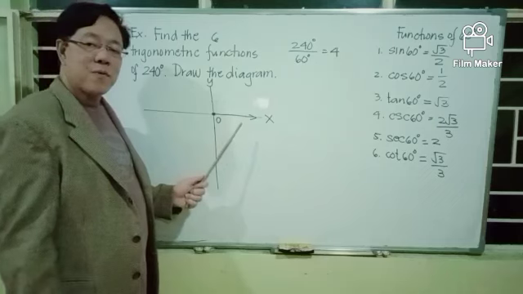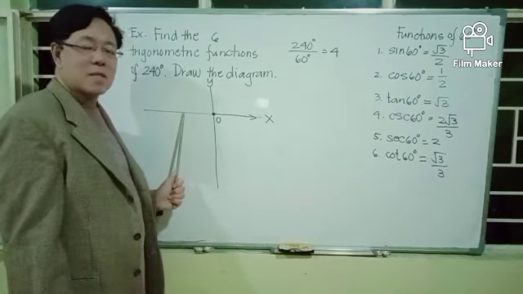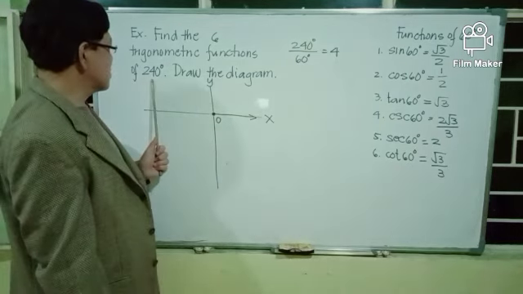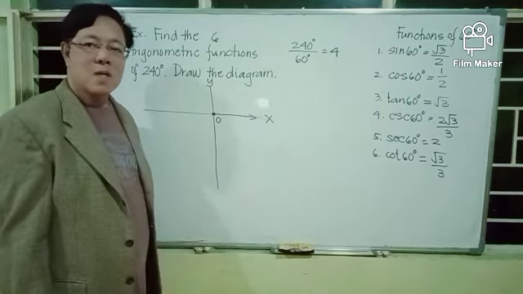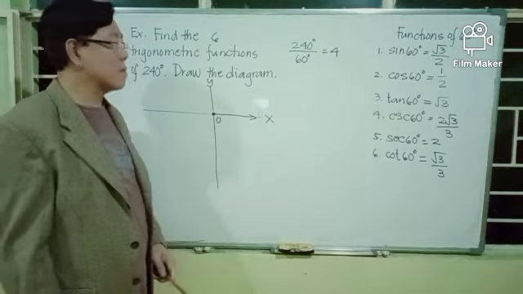From the positive x-axis to the negative side of the x-axis, that's 180 degrees. And you subtract 180 degrees from 240.